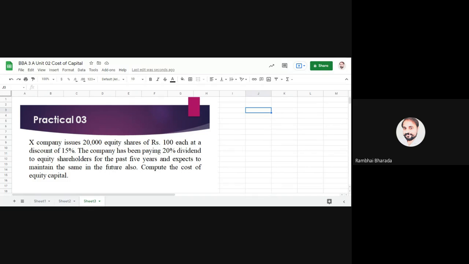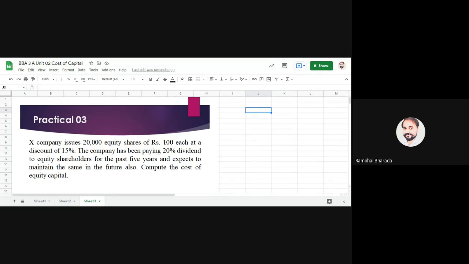If the concepts are not clear, you will say, sir, it is the same question, but only one word is different, and that is discount. If you see question number 2 and question number 3, both are the same. In question number 2, we have 15% of premium, and in question number 3, we have 15% of discount. What will be the answer? क्या आंसर आएगा?